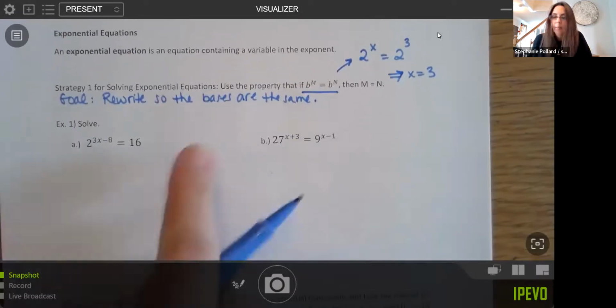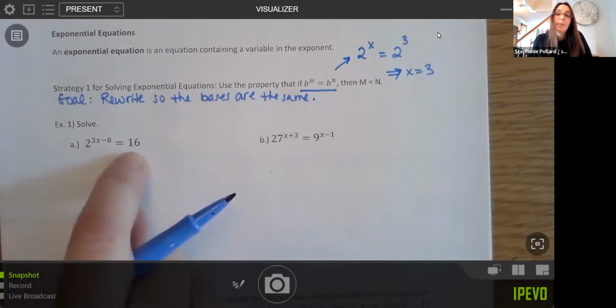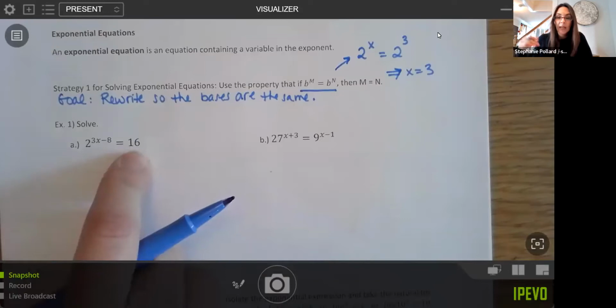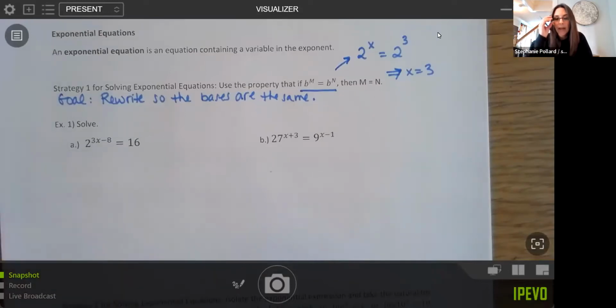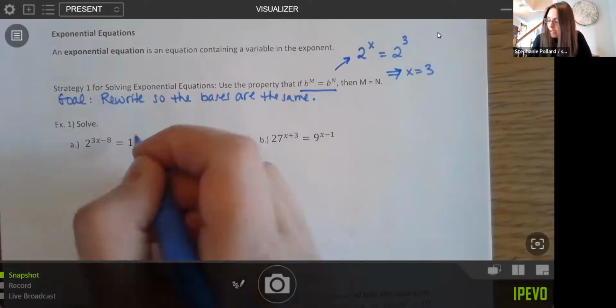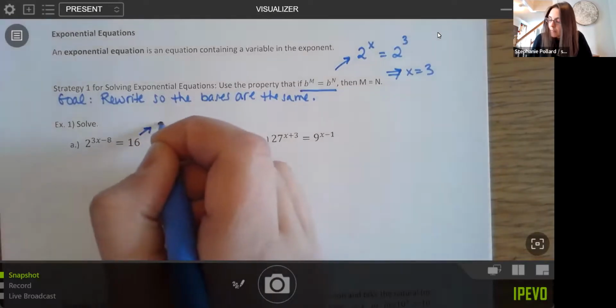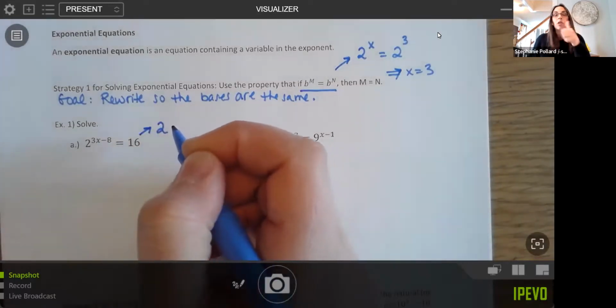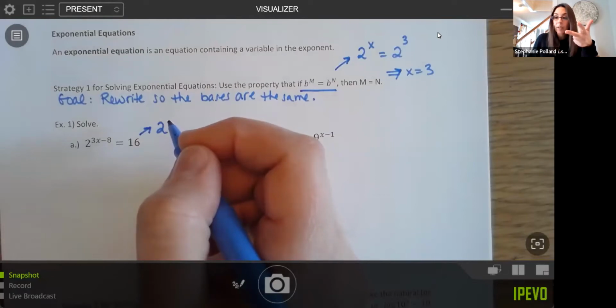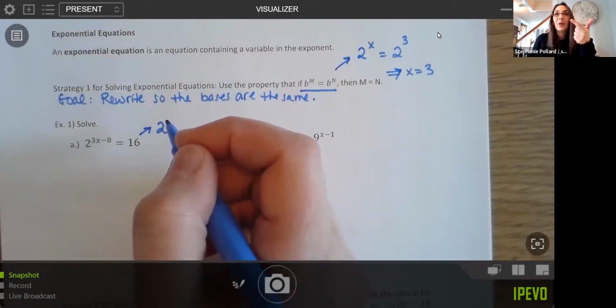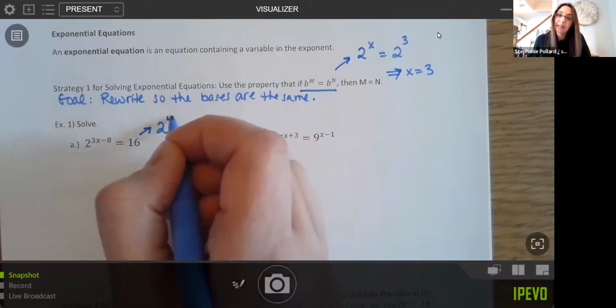Here I see a base of 2, and here I see a base of 16. Think of it a little bit like a puzzle. That number 16 is jumping out at me. 2 times 2 is 4, times 2 is 8, times 2 again is 16. So 2 to the 4th is 16.